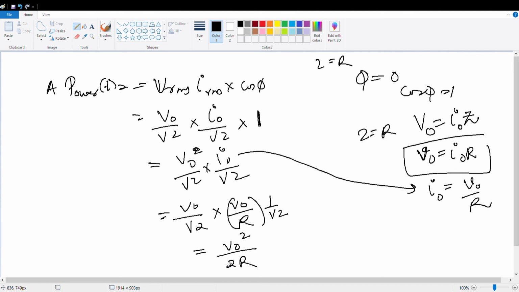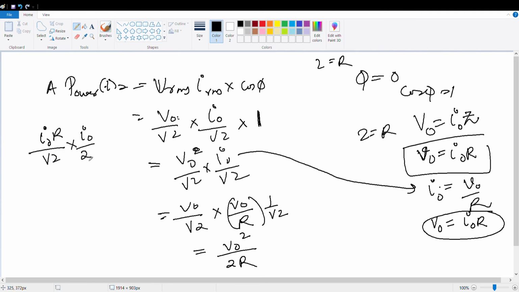So this is one formula. But if I write I naught equal to V naught by R, then V naught will be I naught R. So instead of V naught, I put I naught R, and it becomes I naught square R by 2.